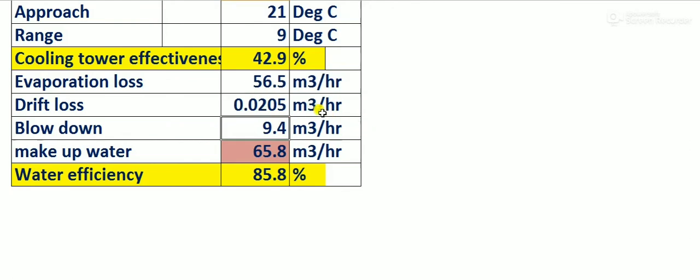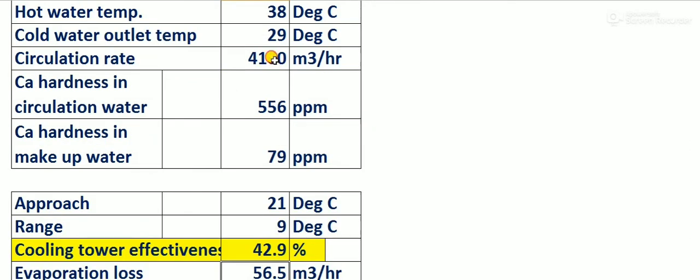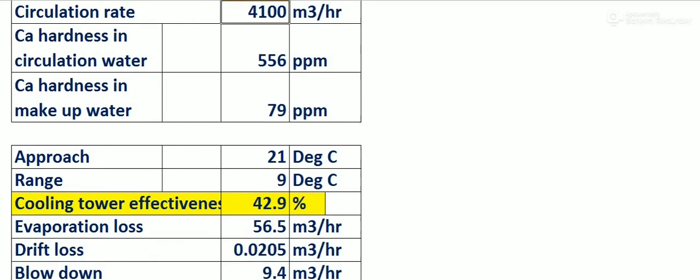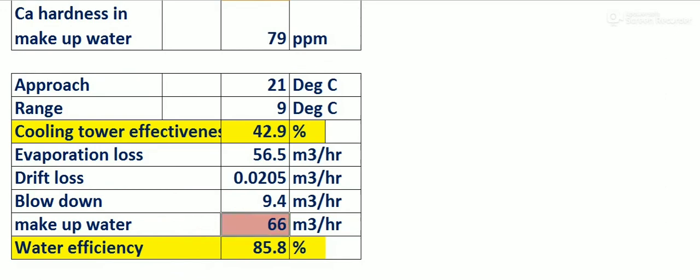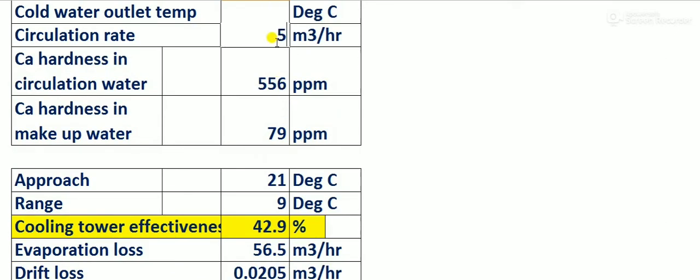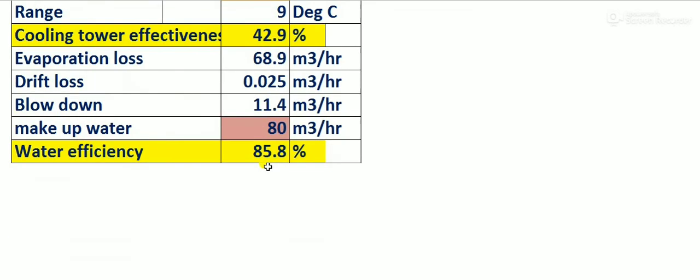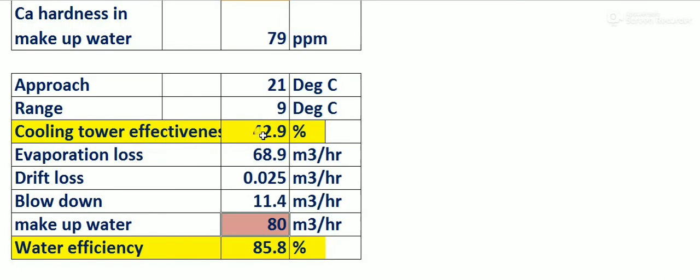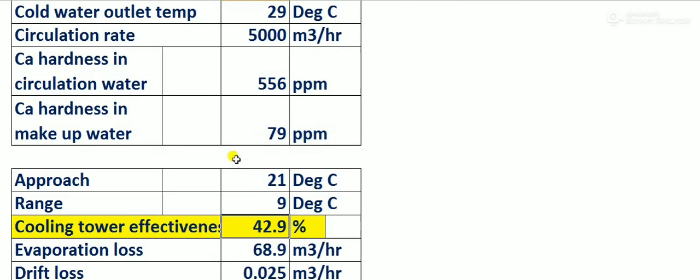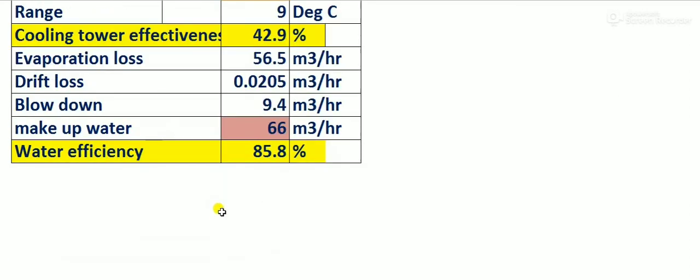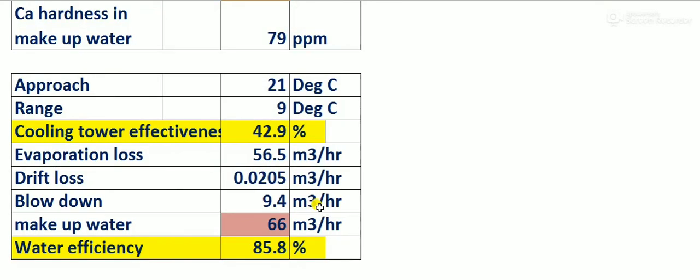So now you can see, for 4,100 the makeup is 66 meter cube. If we put 5,000, then how much it is coming, you see. So 80 meter cube, around 14 meter cube is getting higher. So this is the variation, and cooling tower effectiveness is based on the temperature only, so this will not affect. So by this we can calculate.